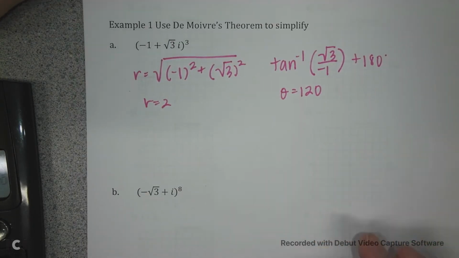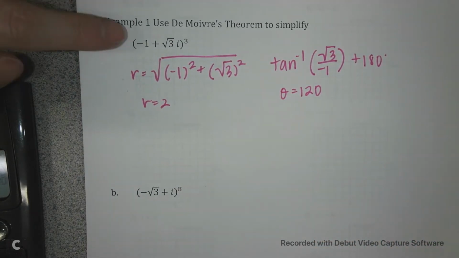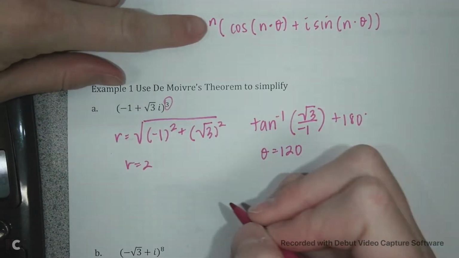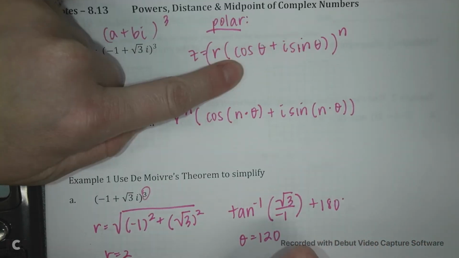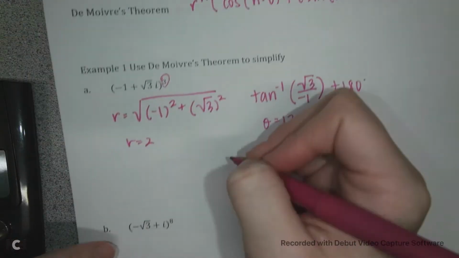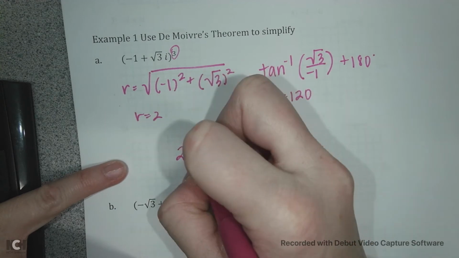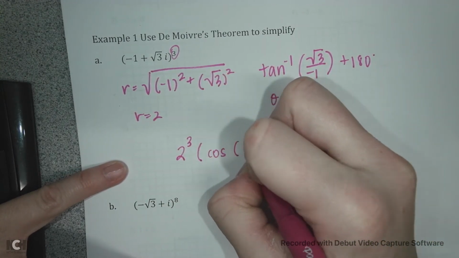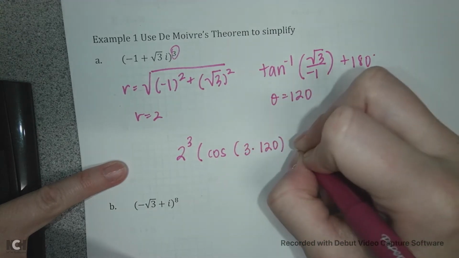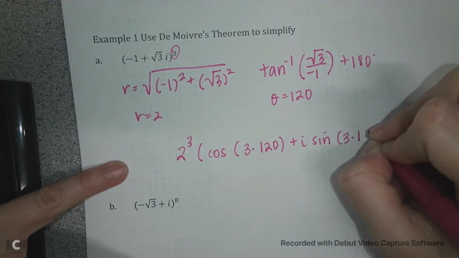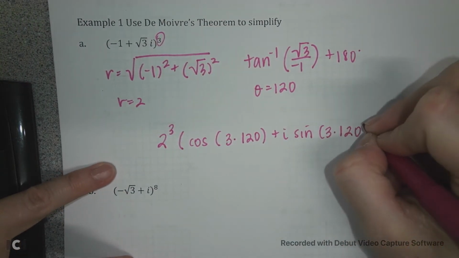Okay, so now we are going to deal with our cube. It's just like we did yesterday, but we put the exponent on and then multiply the exponent in front of your theta. So it's going to be 2 cubed times cosine of 3 times 120, plus i sine of 3 times 120.